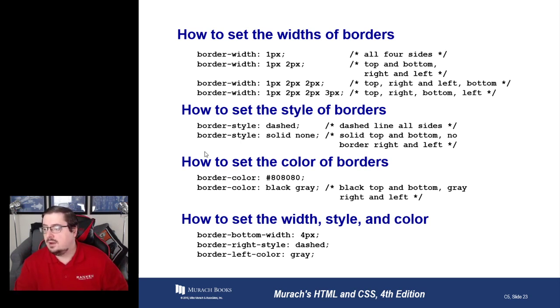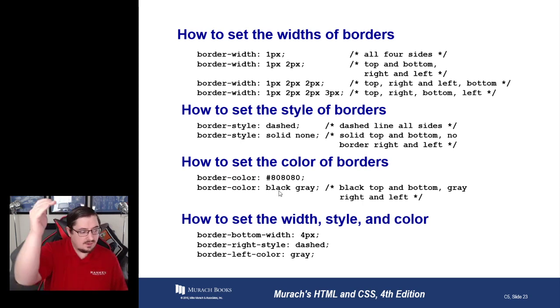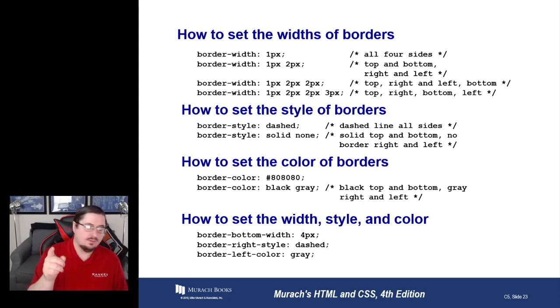Okay. I can also set border color, so that just being the color values that we talked about before. If I specify 1 color, that applies to all 4 sides. If I specify 2 colors, the first one is, again, vertical, and the second value would be horizontal, so left and right.